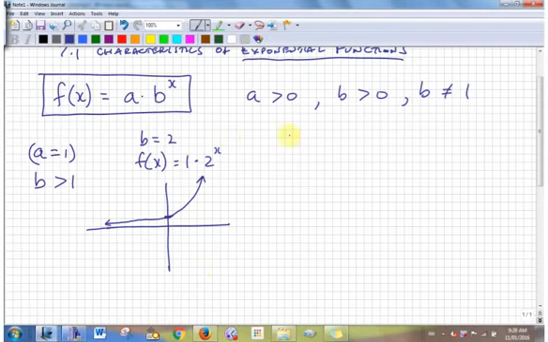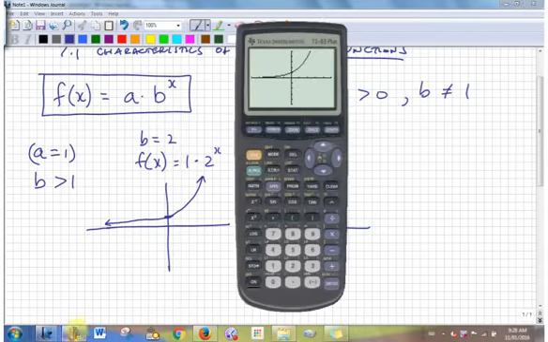Now I want to try b is 5. So my function is just going to be f of x is 1 times 5 to the x. And let's see how that thing looks. 5 to the power of x.